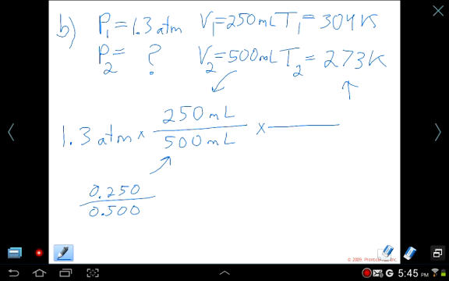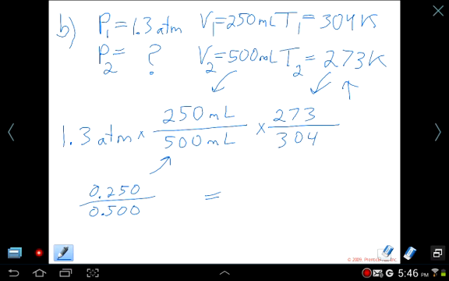Then if you take a look at the temperature, it looks like our temperature goes down. When temperature goes down, pressure goes down. So to make pressure go down, we'll put the small number on top. This will ensure that temperature pulls pressure down according to the gas law. And then just multiply across the top and divide across the bottom, and you should get yourself, let's see, 1.3 multiplied by 250 divided by 500 multiplied by 273 divided by 304.